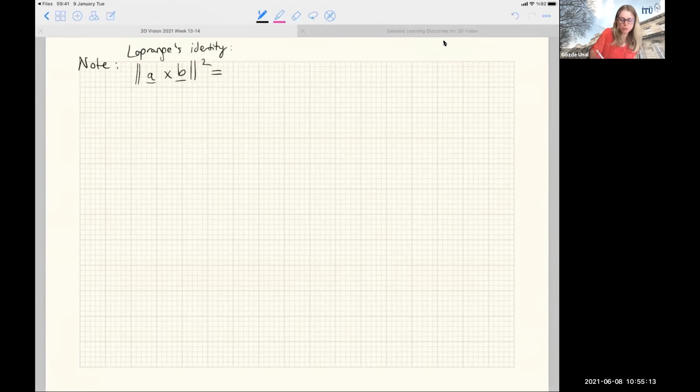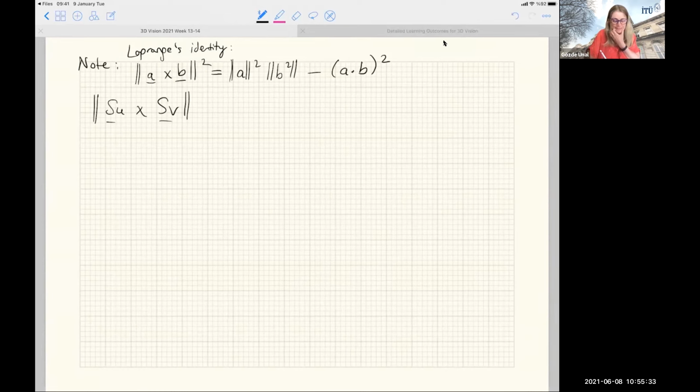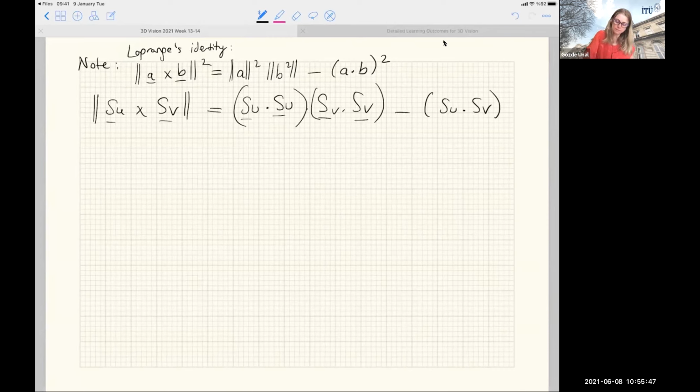I mean, you don't have to memorize these. I'm also checking my notes. A squared B squared, but it's good to know, minus A dot B squared. This is Lagrange's identity. Now because this was S_u cross S_v, right? I will do the math here. This will be S_u dot S_u times S_v dot S_v, the inner products, minus S_u dot S_v squared, right?